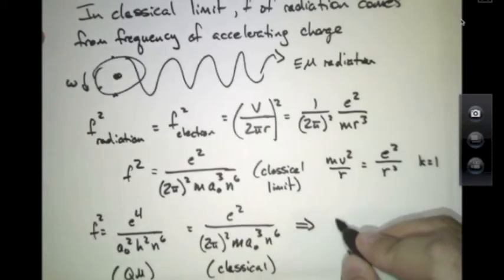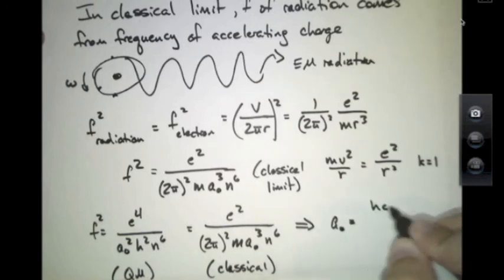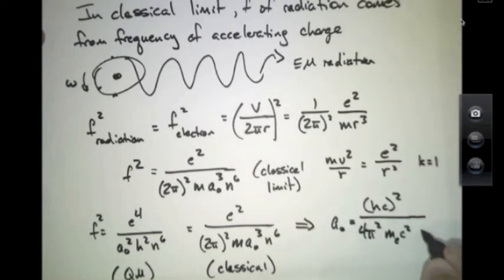And we have an expression, a naught equals h squared over 4 pi squared m of the electron e squared. And this gives us the Bohr radius in terms of fundamental units, or constants.